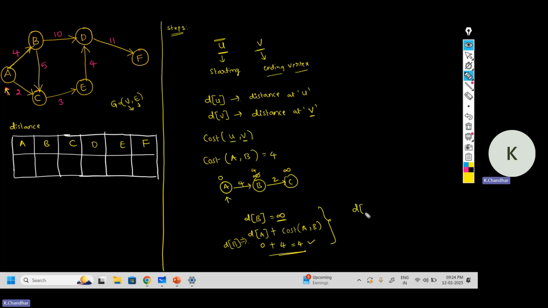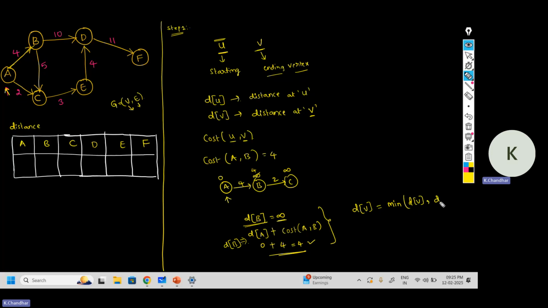So the distance at the vertex which you are writing as V is the new thing, which is going to be represented by the minimum of either the distance at V, or the distance at U, which is nothing but from A to B you are visiting. Okay.